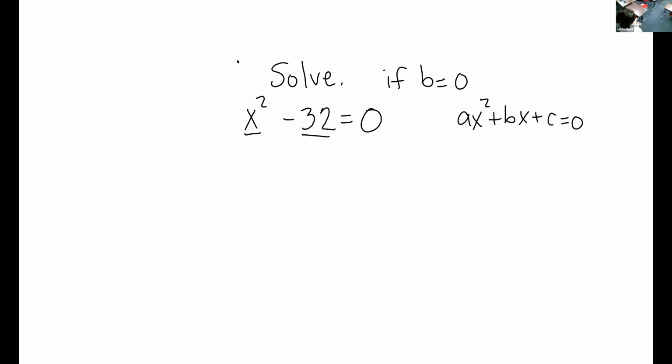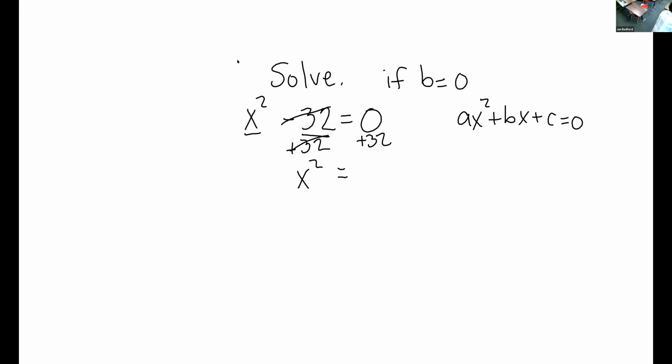So if I don't see a plain x, a term that just has x to the first in it, then that means b was equal to 0. And I can solve this for x squared by doing what? What would you do first? Good. This is the one time you don't leave it equal to 0. You're going to add 32 to both sides. Right? Okay.